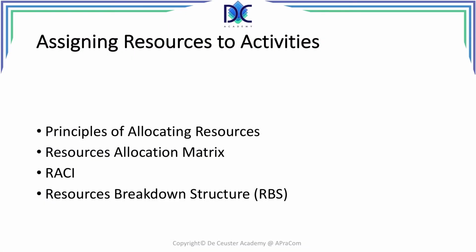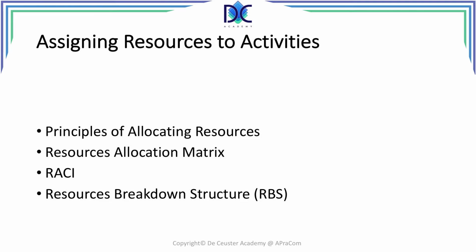Once we identified the resources that we need for the project, we can start to allocate them or assign them to the specific activities. We'll look at the principles of allocating resources and two ways how to represent this.